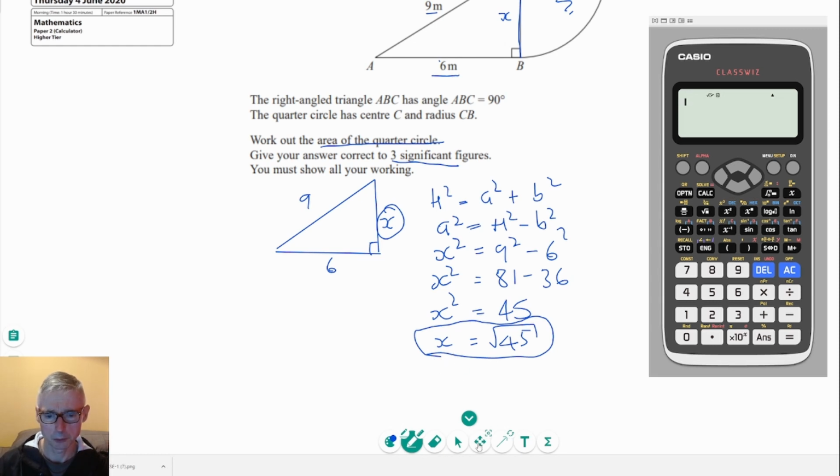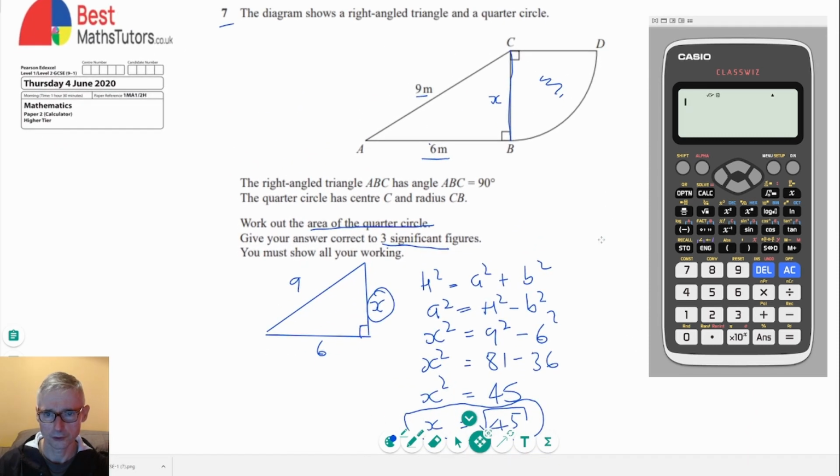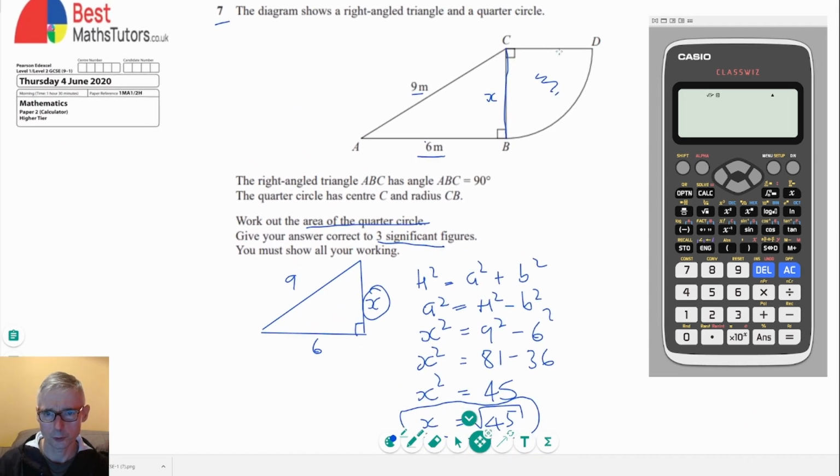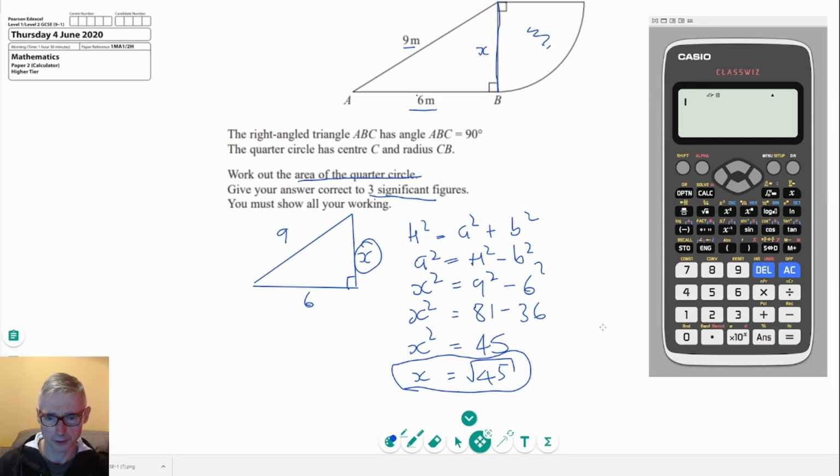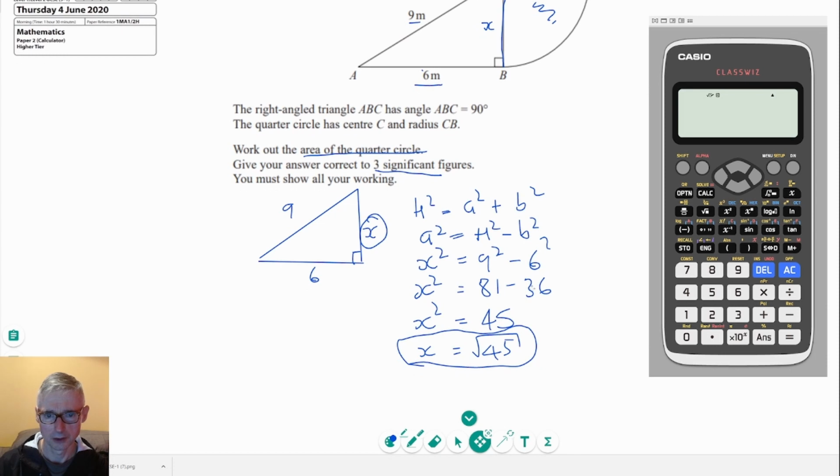So now I'm going to look at the circle. We can see we've got this quarter circle there, and in order to work that out, we're going to need to use the equation for the area of a circle. We've found out what x was, x being root 45.